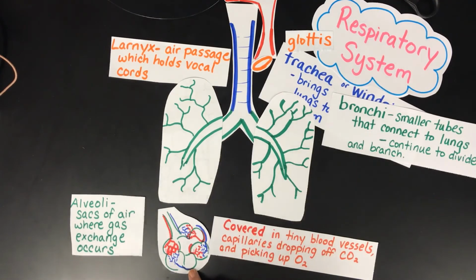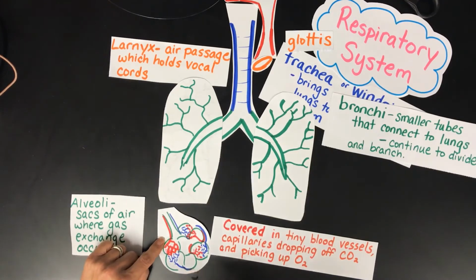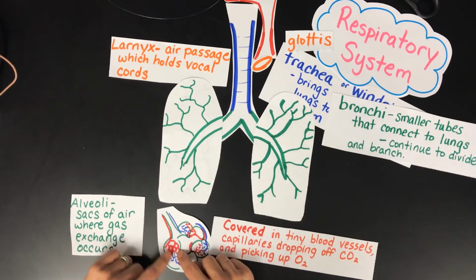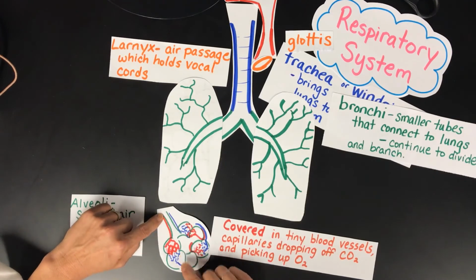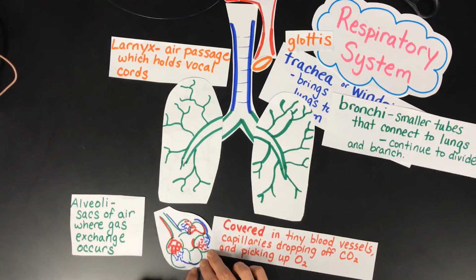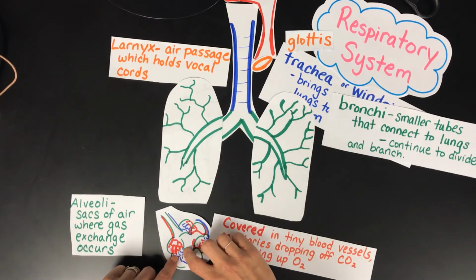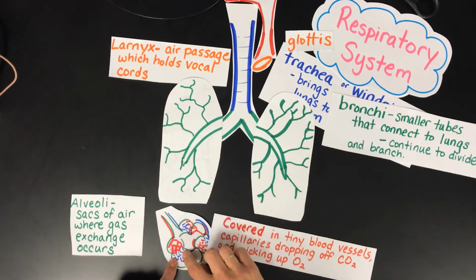In diagrams, we often show oxygenated blood, blood that has already picked up oxygen, as red, and we depict deoxygenated blood, blood that does not have oxygen and is usually carrying waste materials, as blue. So you can see here we have these capillaries which are blue, though it's not actually blue in real life, indicating that they might be carrying deoxygenated blood.